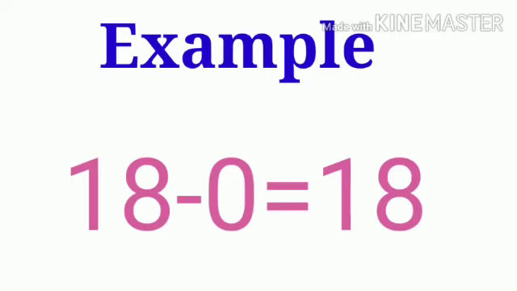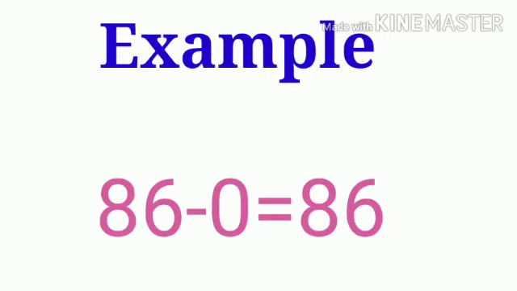When we subtract 0 from 18, we get 18 as difference. Now we are taking one more example. When we subtract 0 from 86, we get 86 as difference. So, we come to understand that when we subtract 0 from a number, we get the same number.